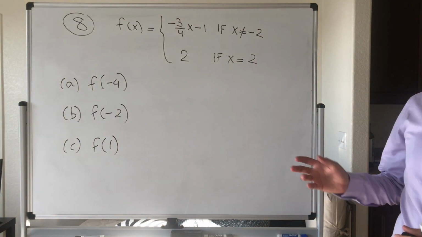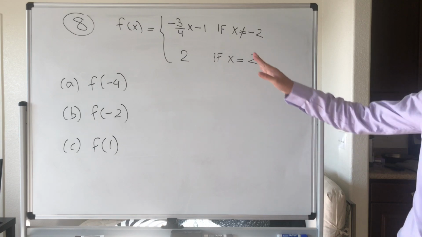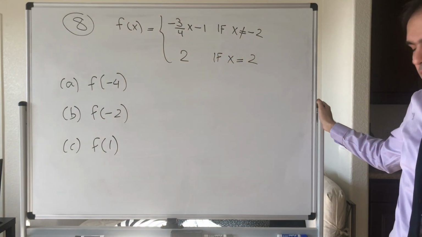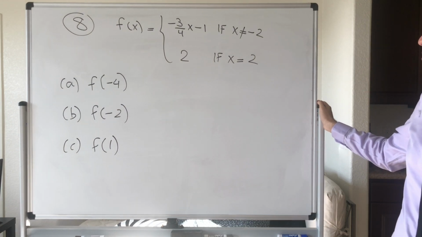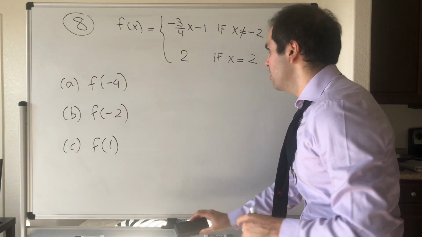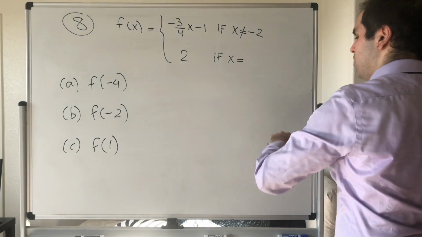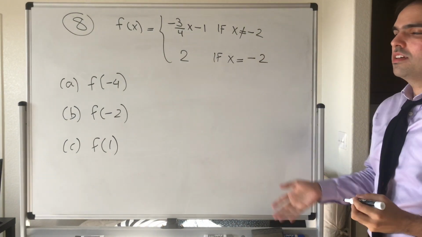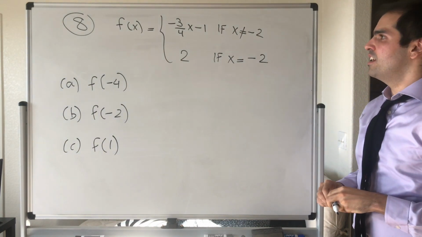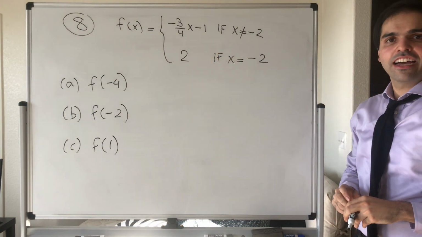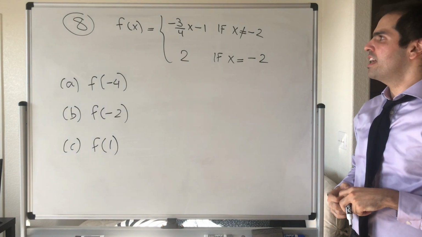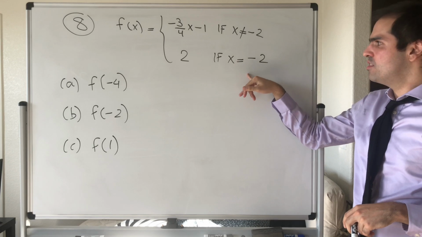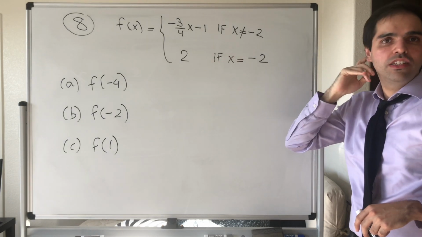All right, another interesting kind of function. Here f of x is -3/4 x minus 1, except at -2, where we force it to be 2.